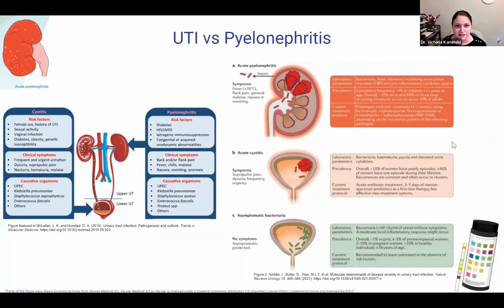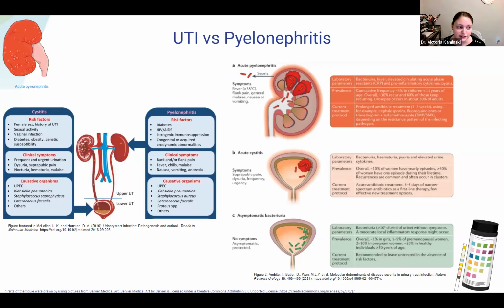And then another thing to consider when we're talking about renal conditions, as we're traveling down the renal tract, is specifically UTI versus pyelonephritis. And when is the condition diagnosed as a UTI versus pyelonephritis? Additionally, there is asymptomatic bacteriuria, which is when we're finding bacteria in a urinalysis without symptoms. Again, you can see that there is great information here for you on lab parameters, prevalence, and current treatment protocols.